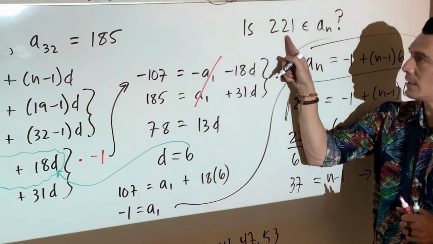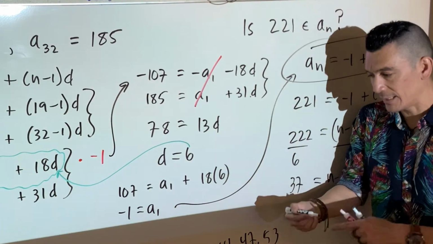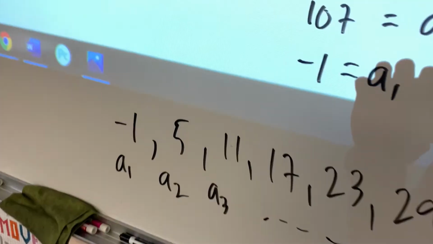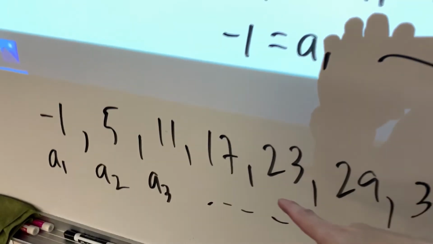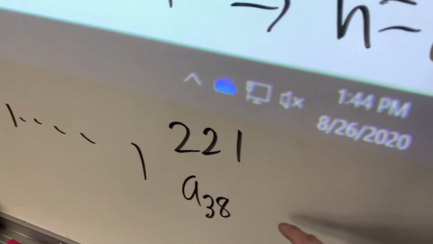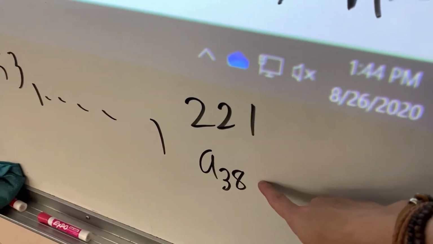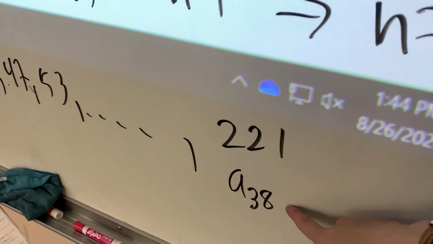Is 221 in this sequence? Is it a member of this family? And the answer is yes. You know how -1 was A1, 5 is A2, 11 was A3, and so on. If you extend this list eventually, you'll discover that 221 is actually the 38th member in this sequence. It is the 38th member of this family.